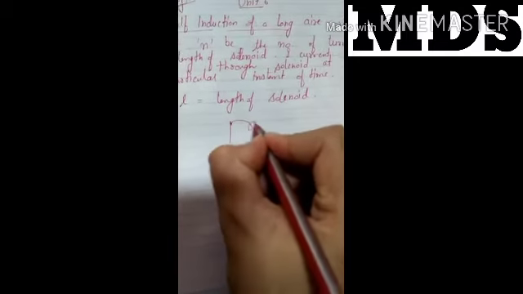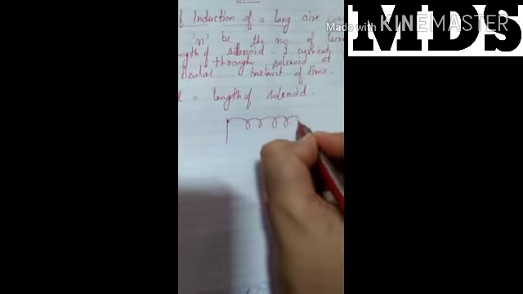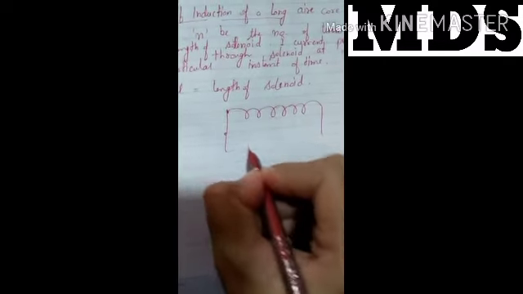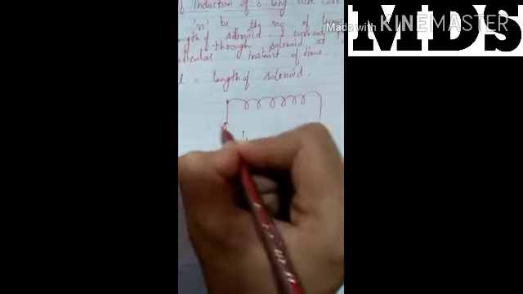Here we have taken a solenoid like this, with length l, and the current flows from this battery like this, current I through it.